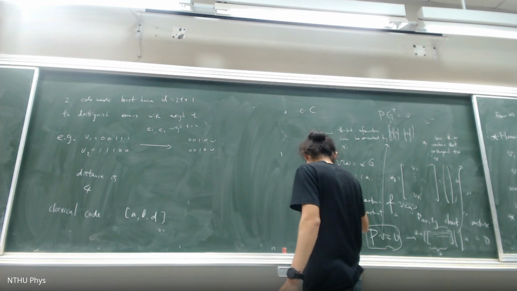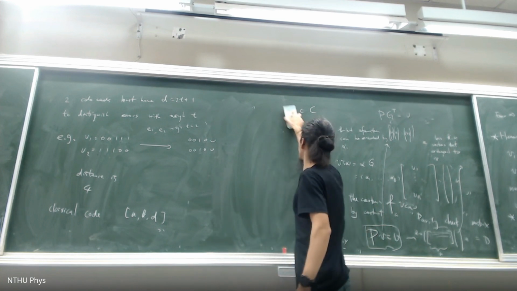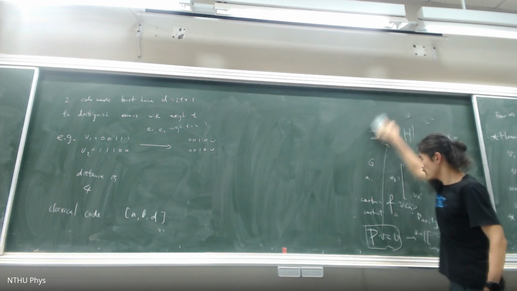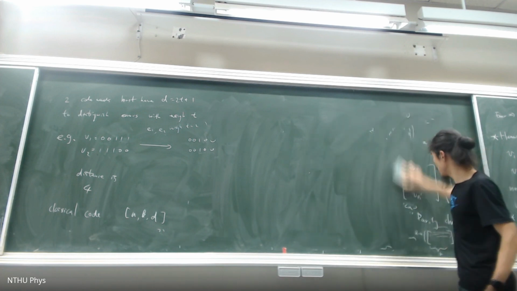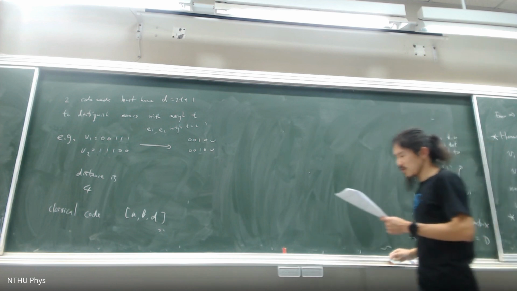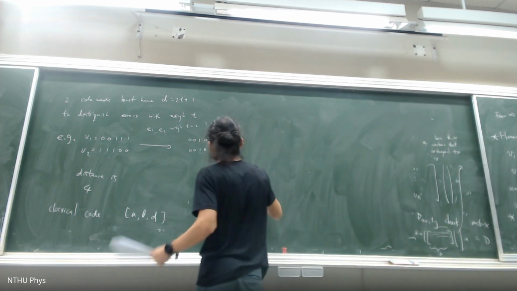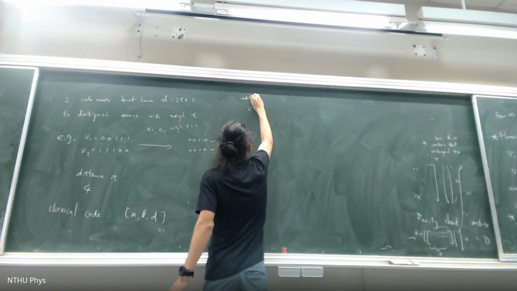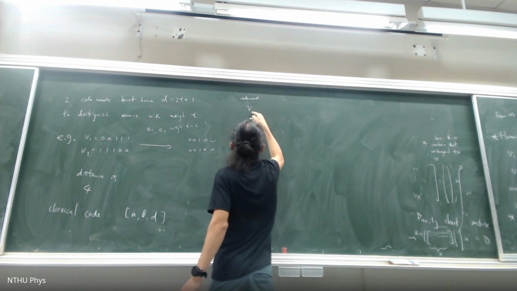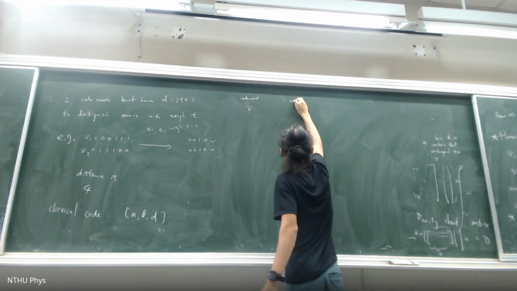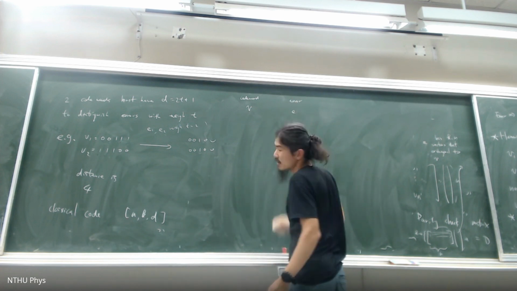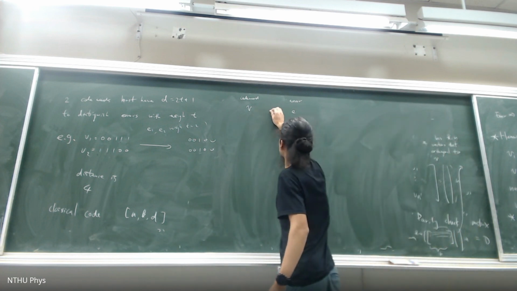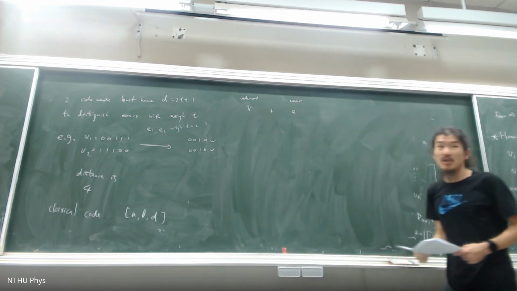So let's suppose there's an error that acts on the code words of this classical linear code. What will happen? Suppose I have a code word denoted by V and an error denoted by E. When this acts on the code word, I can just do this simply.